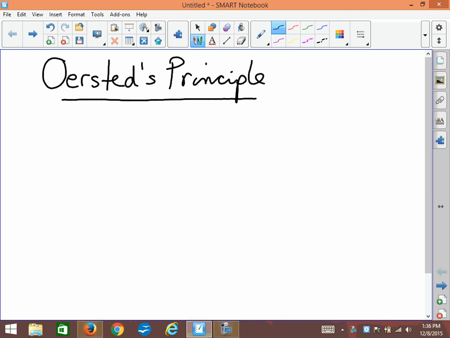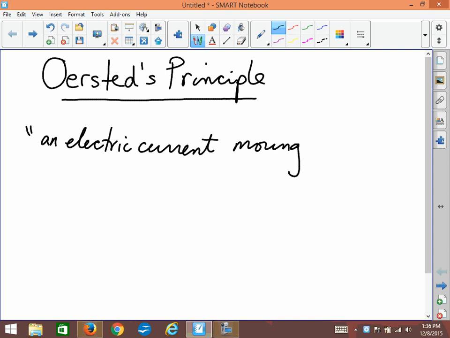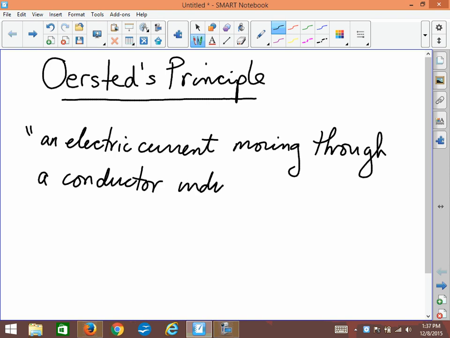Oersted basically stated in simple terms that an electric current moving through a conductor, say like a wire, induces a magnetic field around the conductor.